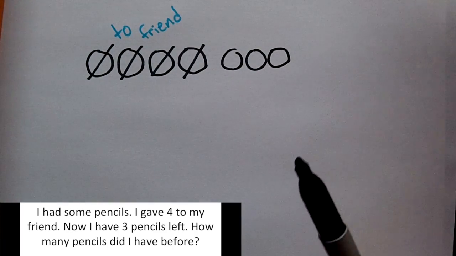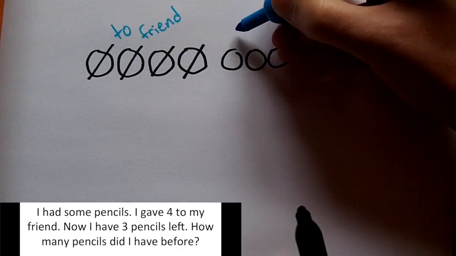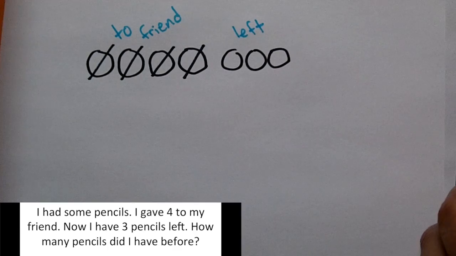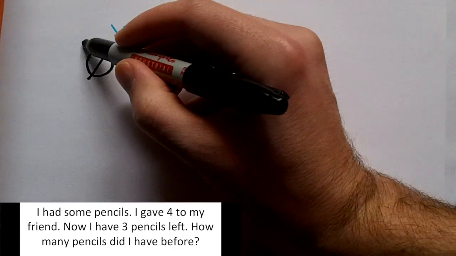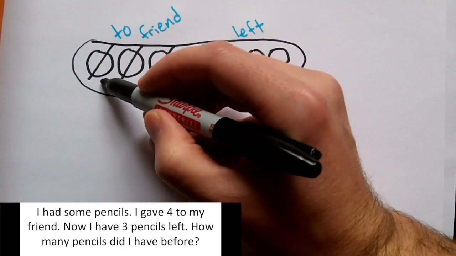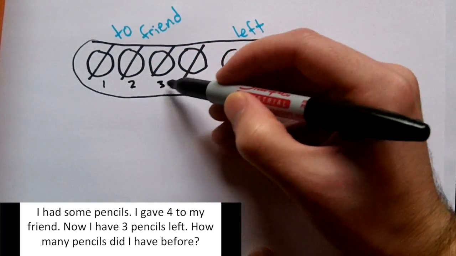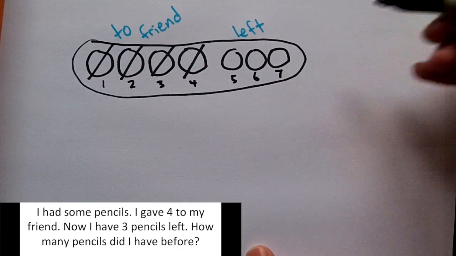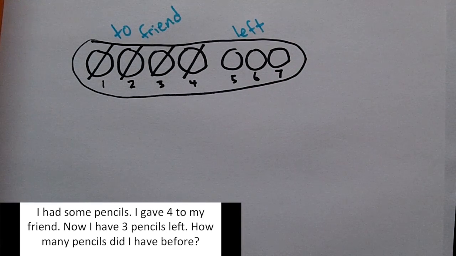There's the pencils I have left. Since this is kind of a confusing problem, I'm going to label both. So altogether at the beginning, before I gave them away, I must have had 1, 2, 3, 4, 5, 6, 7.